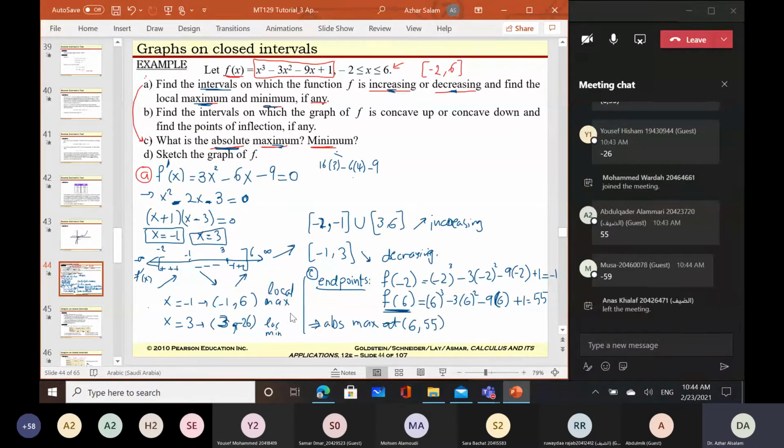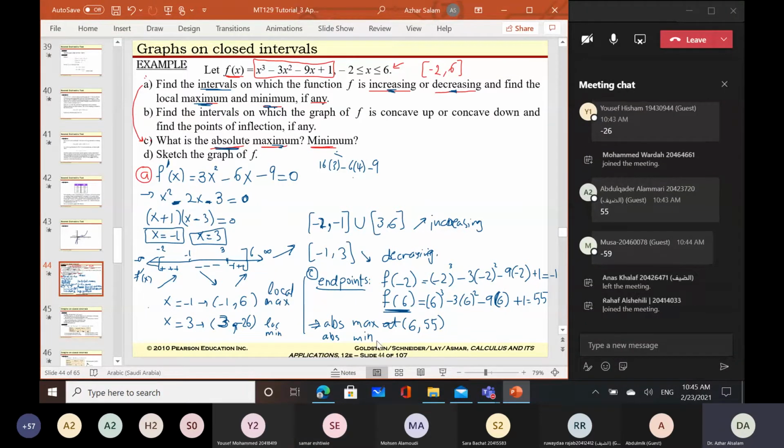For the minimum, I have here minus 26 and I have here minus 1. Which one is less? Minus 1 or minus 26? Yes, minus 26. The absolute minimum is actually at the critical point.